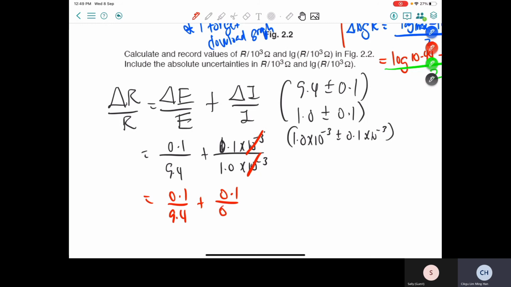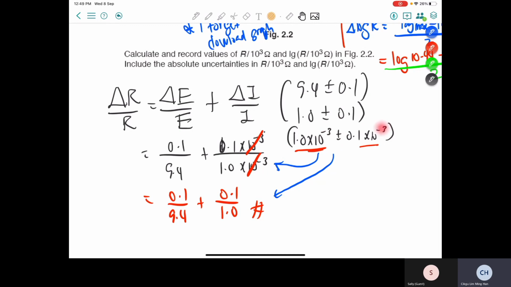If you want to include it, you can also, but whether you include it or not, you end up the same, because top and bottom are -3, so they cancel each other out. So we can ignore the 10 to the power of -3 when doing the absolute uncertainty calculation. Yes, correct.